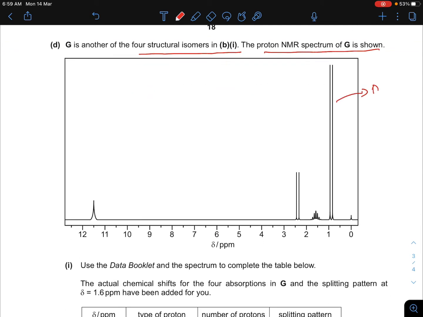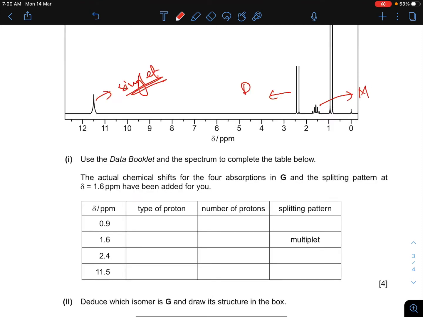We have this doublet, then again a doublet, this is a multiplet, and this is a singlet. Right? All right. Now they're saying to use the data booklet and the spectrum to complete the table below.